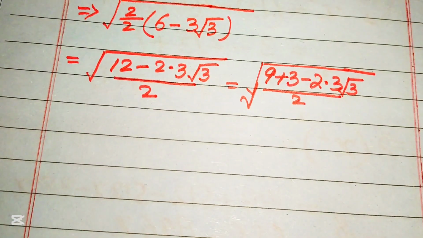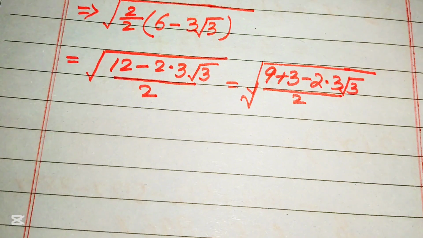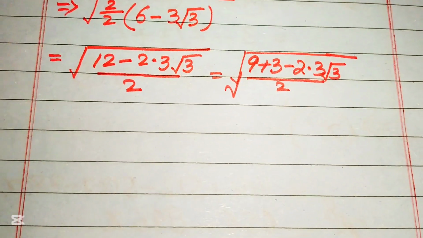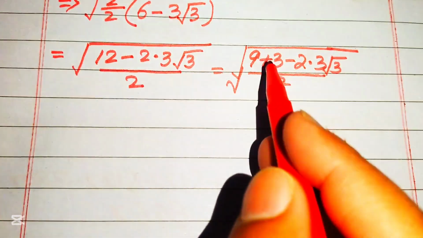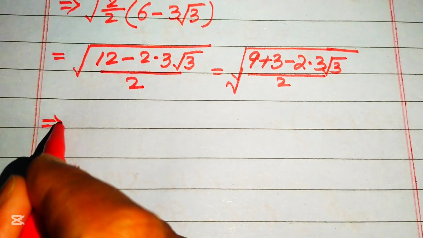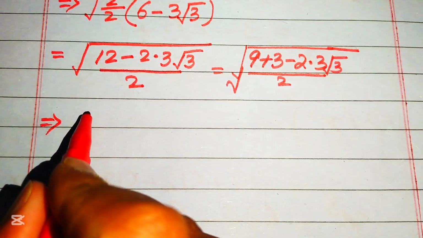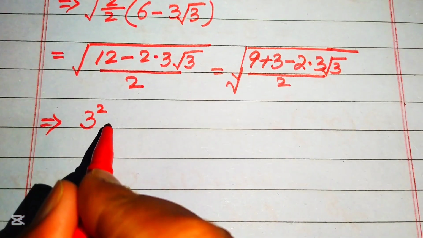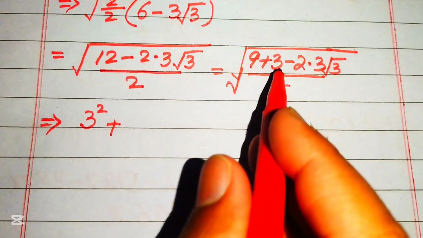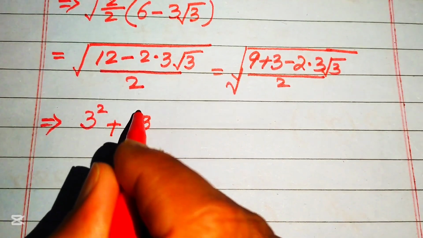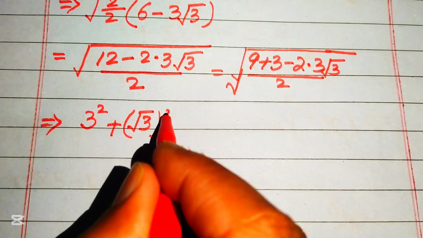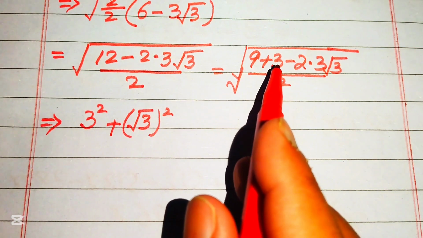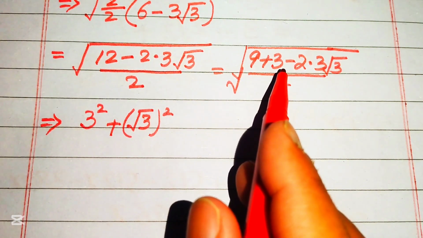Now in the next step we need more simplification, and we focus inside the square root sign. Here we have 9, and we write this 9 as 3 squared, plus we write this 3 as the square root of 3 and its whole square, because we take square and square root at the same time on this 3.